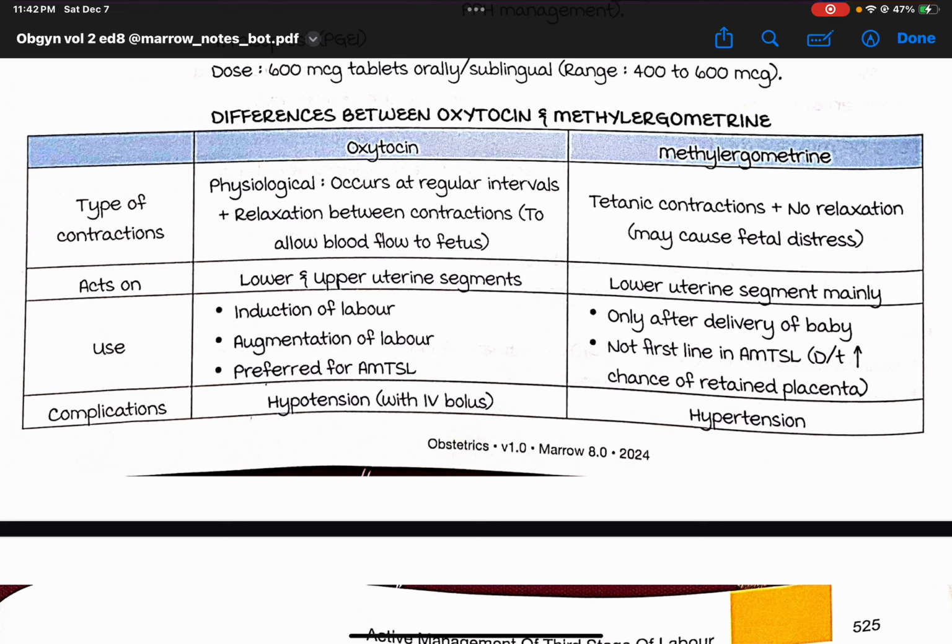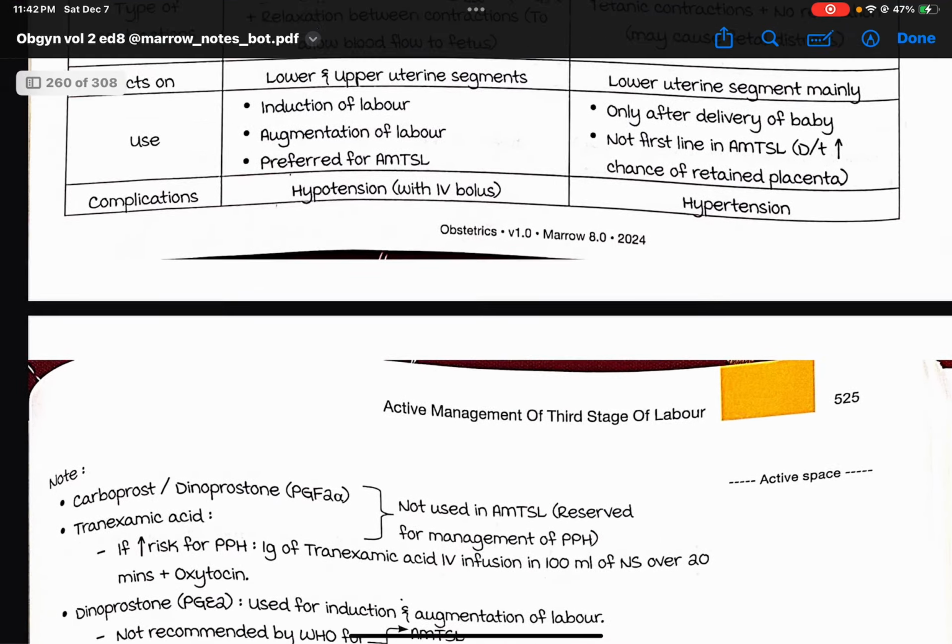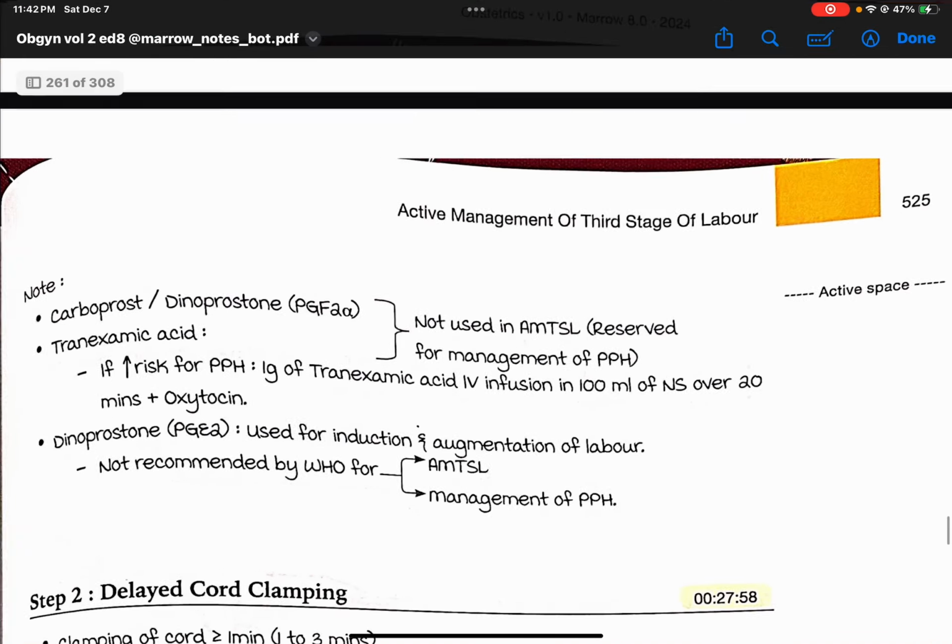Use of oxytocin: induction of labor, augmentation of labor, and preferred for active management of third stage of labor. Use of methylergometrine: only after delivery of the baby, and not first line in active management of third stage of labor due to increased chance of retained placenta. Complication: hypotension with IV bolus of oxytocin, and hypertension with methylergometrine.